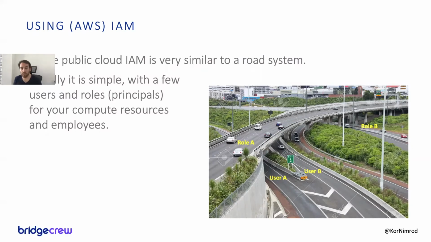And when you start out in the cloud, usually your IAM setup is very simple, right? You set up maybe a few IAM users for your employees, and maybe a few roles for the servers. Usually you start out by setting up an EC2 with a public IP, so it will serve some requests from your app. Now, the biggest advantage the cloud gives us is the ability to grow and scale.